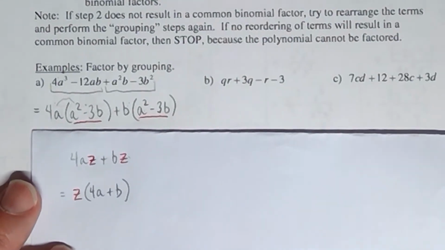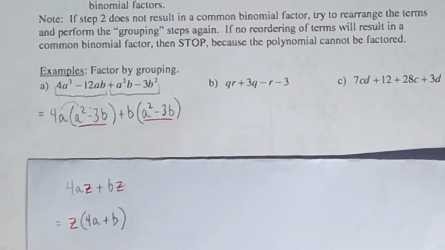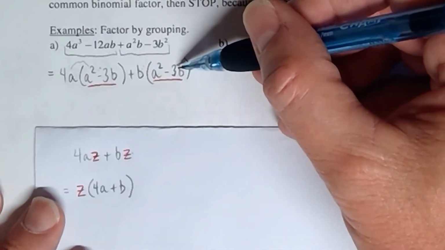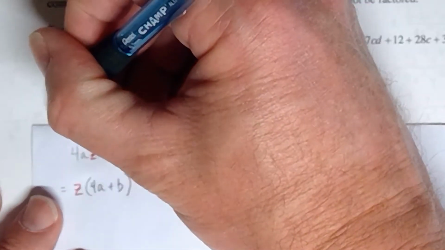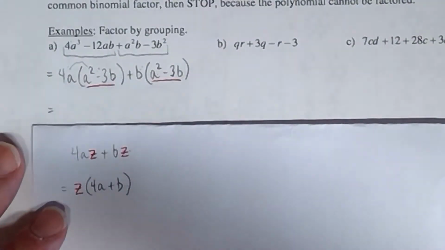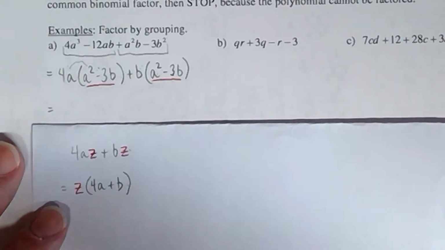And so in the same way, I know this is kind of unusual because it's a bracket, but if these two brackets are the same in a factor by grouping problem, and I want to make this very clear, this only works if the brackets are the same. You're not allowed to do what I'm about to do if the brackets are not the same.